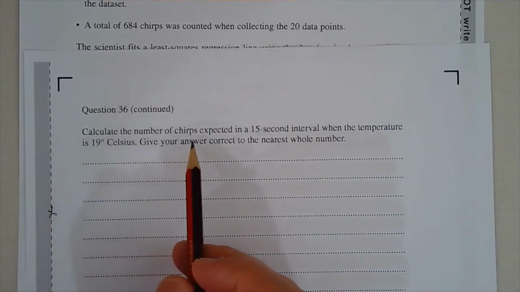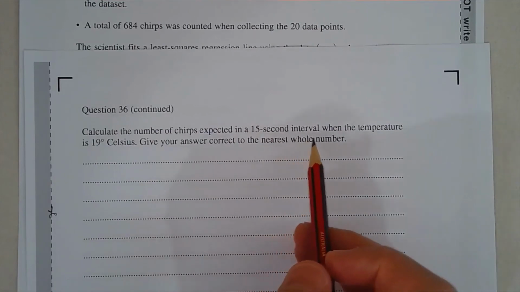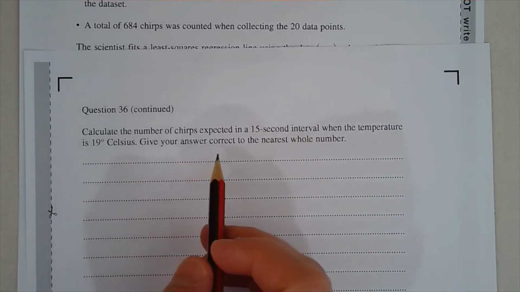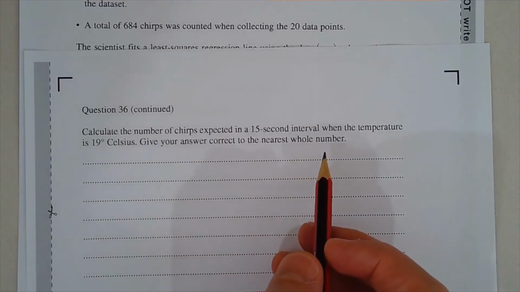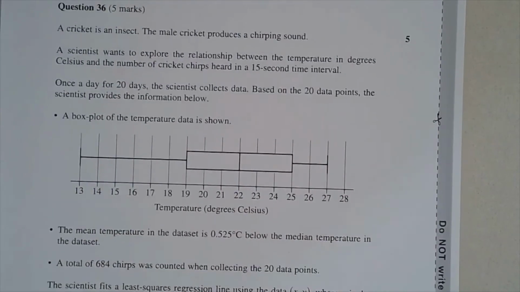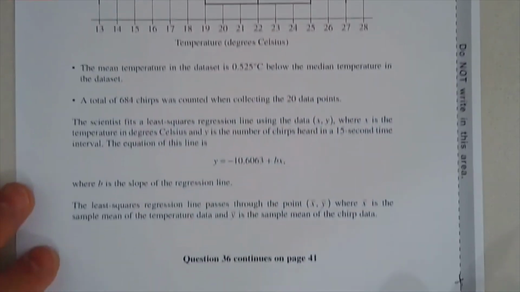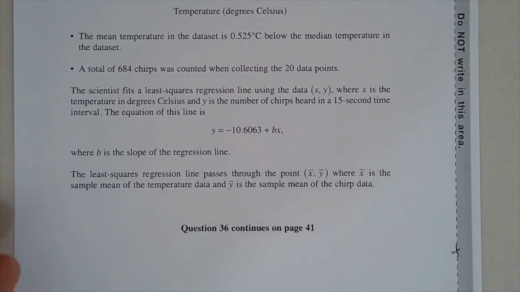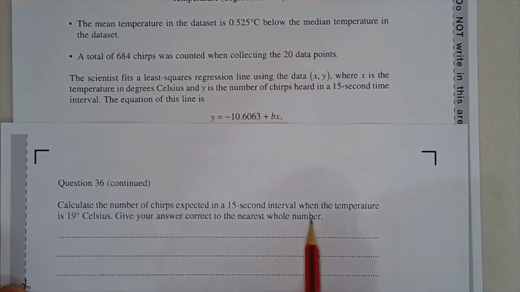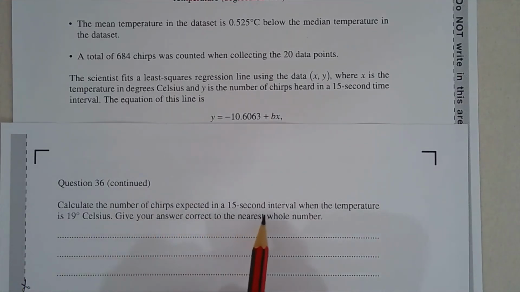Calculate the number of chirps expected in a 15-second interval when the temperature is 19 degrees Celsius and give your answer correct to the nearest whole number. There's a lot going on in this question. So, let's work backwards. We want to calculate the number of chirps expected in a 15-second time interval when the temperature is 19 degrees Celsius.